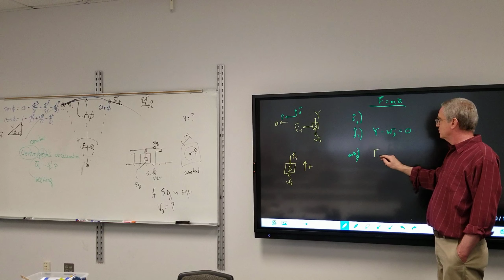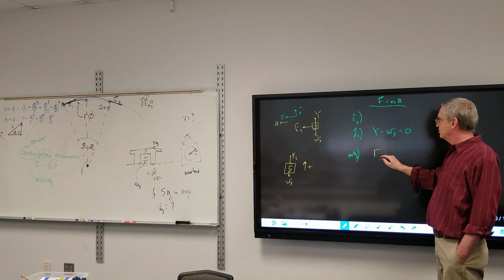So my tension is equal to m3 v squared over r. My normal force is equal to m3g. And my tension is equal to m5g. There's no friction, so the normal force equation won't do anything here. But I have two equations set equal to tension, so we can set them equal to each other.